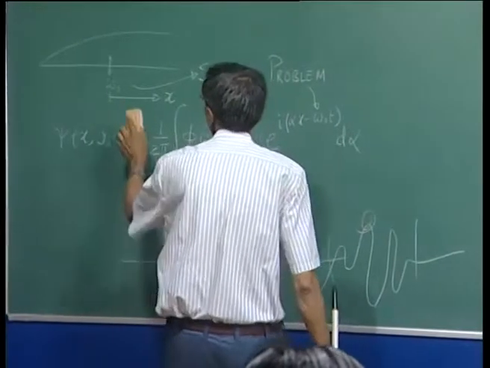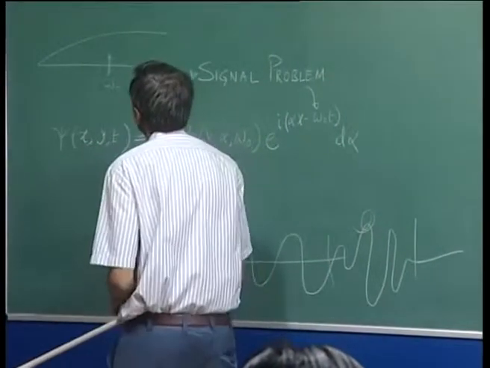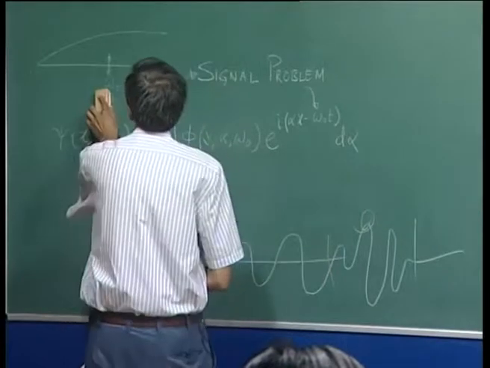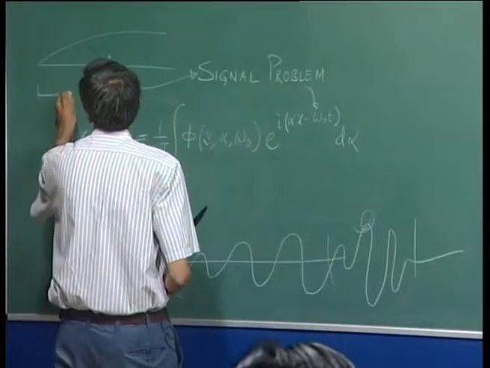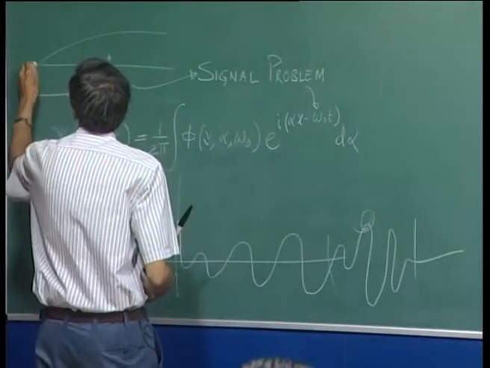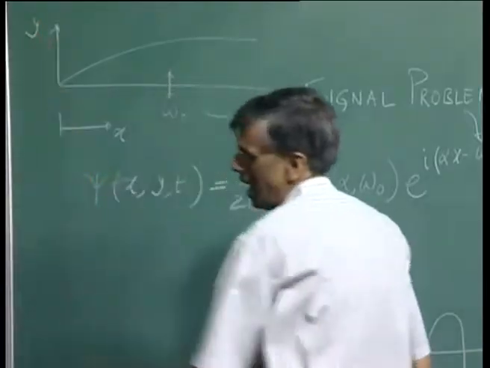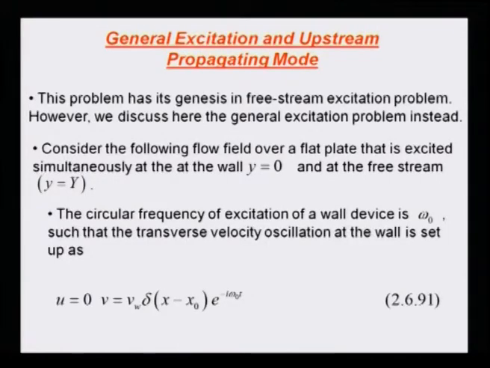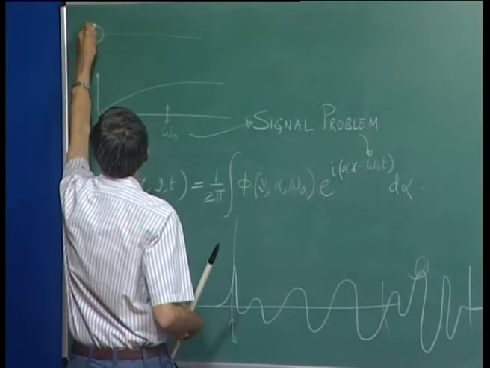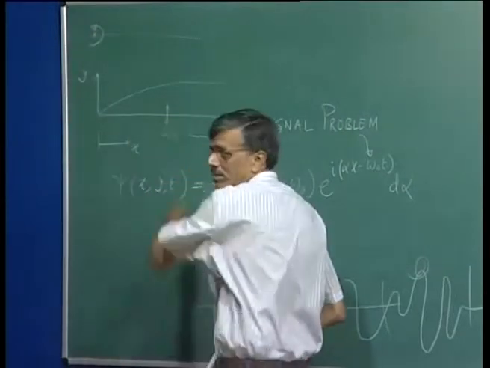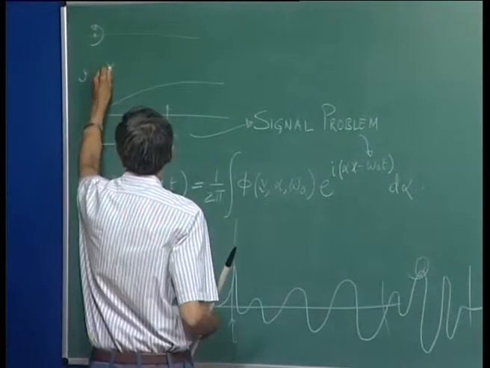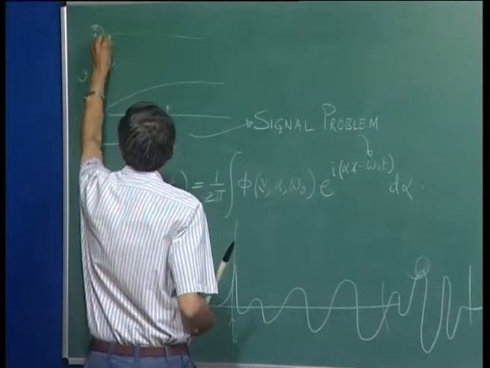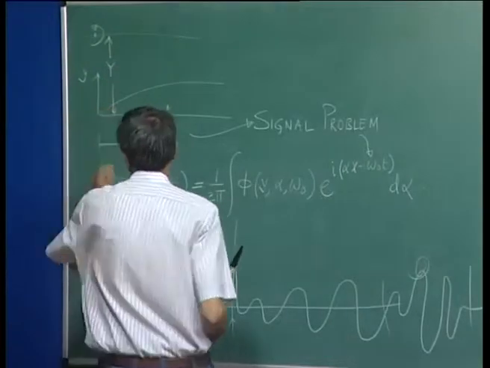So, we will be talking about this kind of a thing, that we have an exciter somewhere here and we fix the origin here, and of course, the y axis starts from here, and at y equal to capital Y, let us say we allow some kind of a vortex to convect at a fixed height, and that height is what we are calling capital Y. Okay.